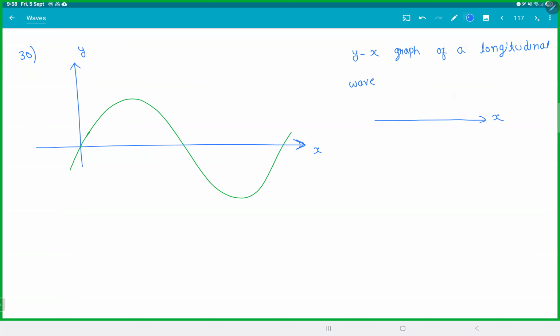That means if this is x, the particles are oscillating to and fro. So this is y. There were 4 points A, B, C, D. The question was which points have maximum pressure and minimum pressure?